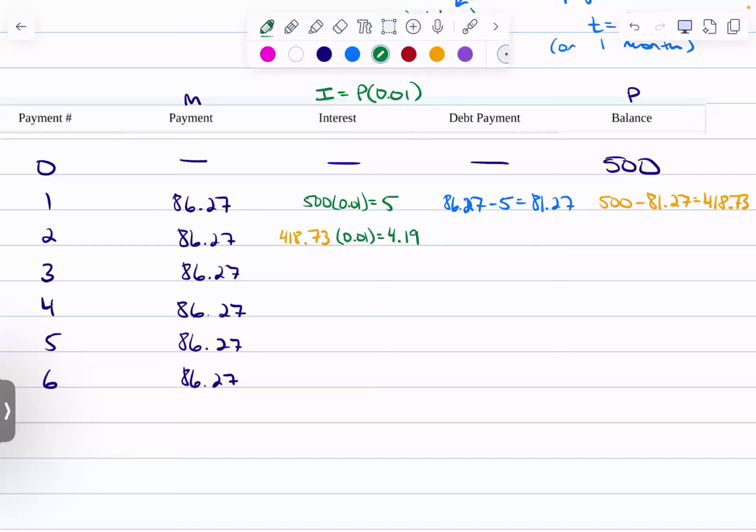So you make sure that you get 4.19. It is 4.1873, but because the 8 is followed by 5 or higher, you have to round up.